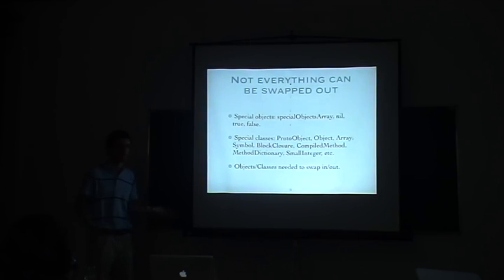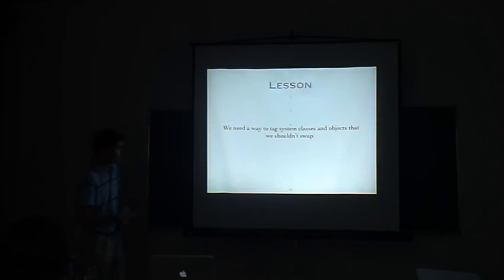So how can I be sure that an object that I randomly choose will not be needed to swap in? That's another problem. So what we found is that we should somehow specify a list of classes or objects that we should not swap. And then I will show you what we are doing in our first solution.